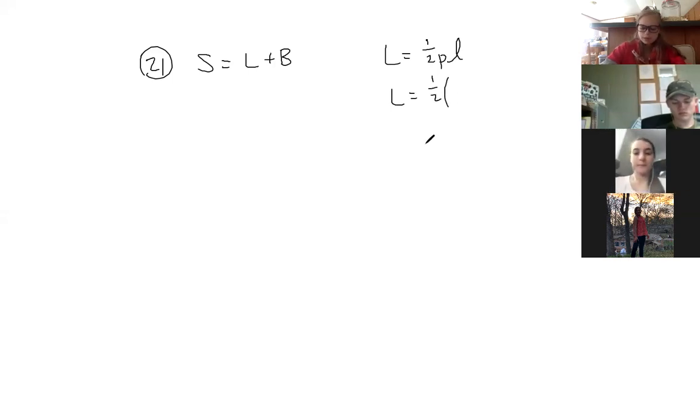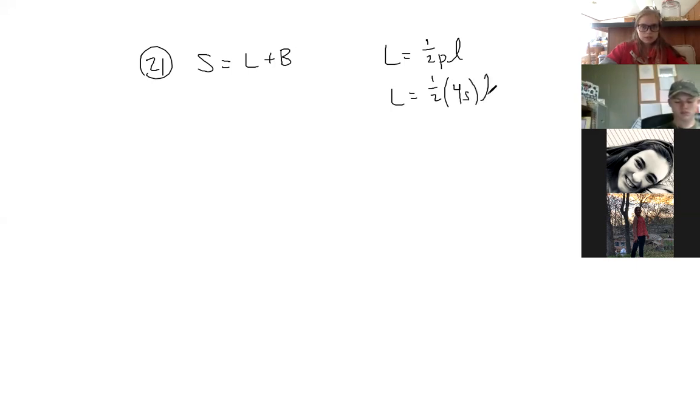L equals 1/2 PL. Oh, good. And the perimeter, what kind of base do we have? Square base. Okay, so what's the perimeter of a square? Side times 4, so 7 times 4.